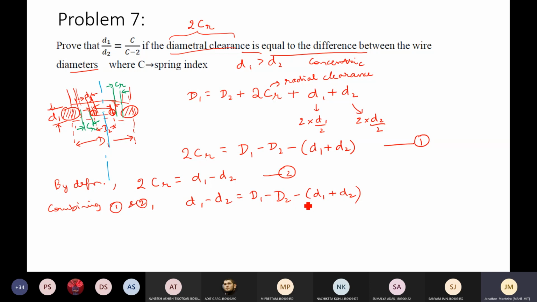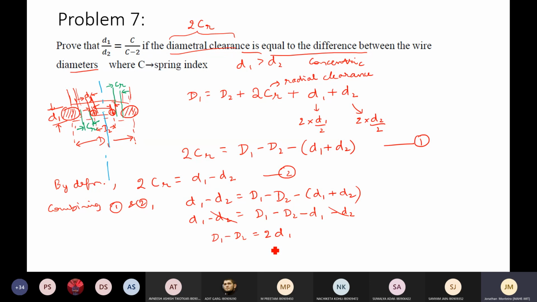So expand it, open the brackets and see what you can cancel. D2 is getting cancelled on either side. So what you are left with is D1 minus D2 will be equal to 2 times D1.